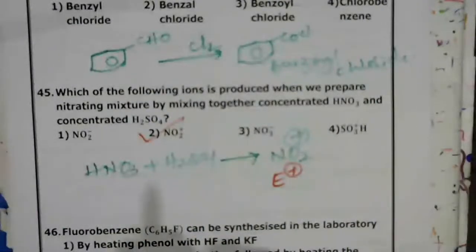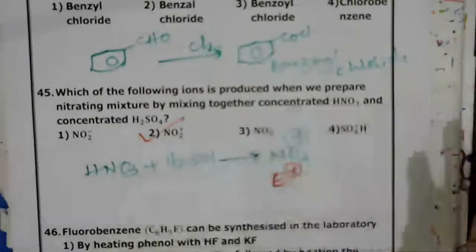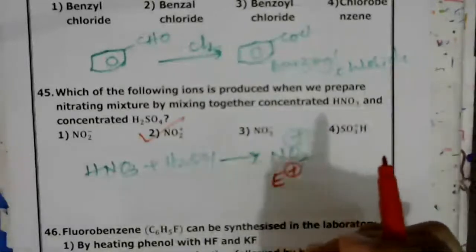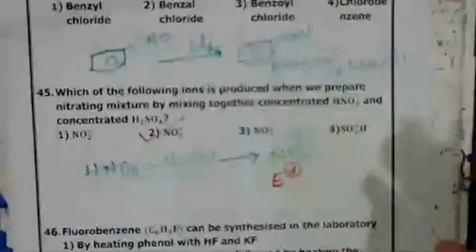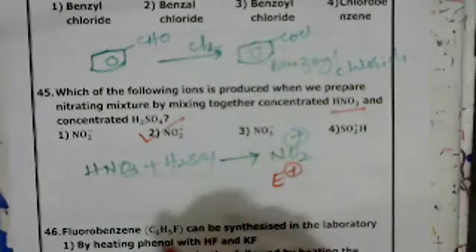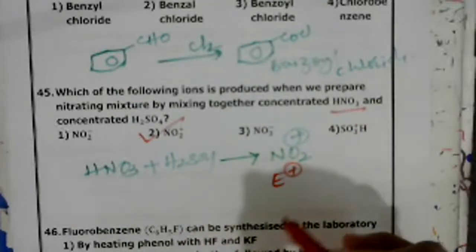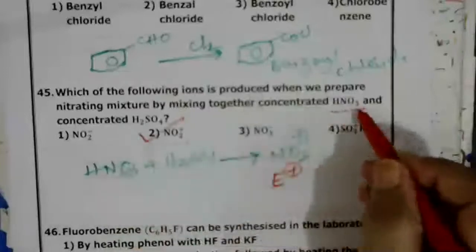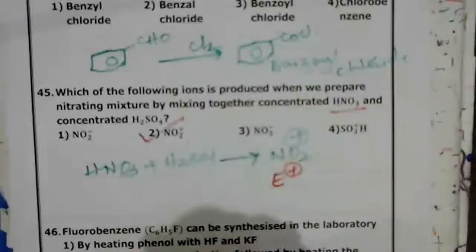Once in the KCET, last year only, they have asked the same question, but they have extended it by one point. What is the role of nitric acid in the nitration?